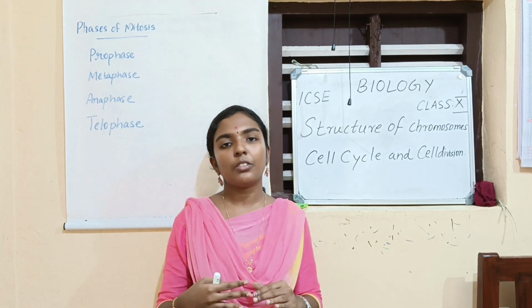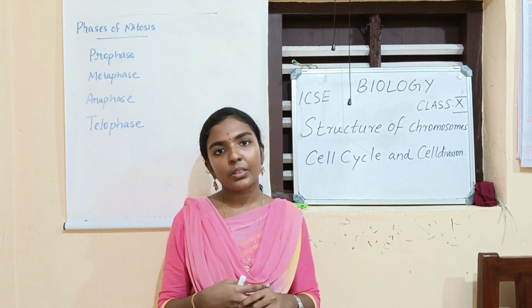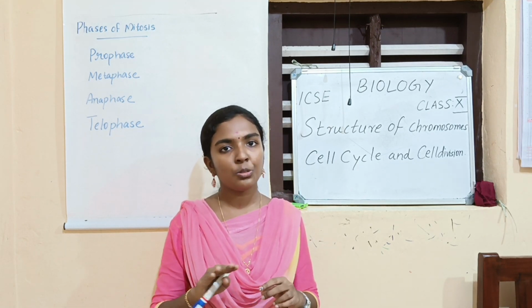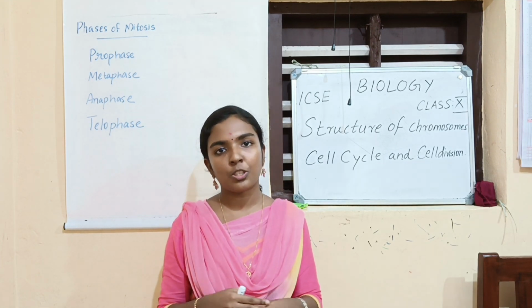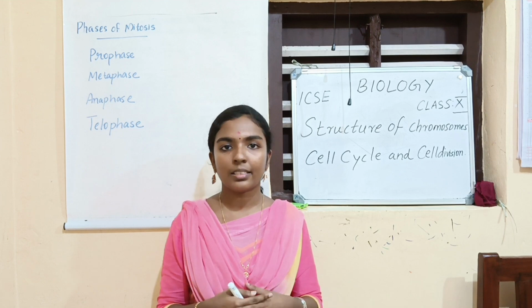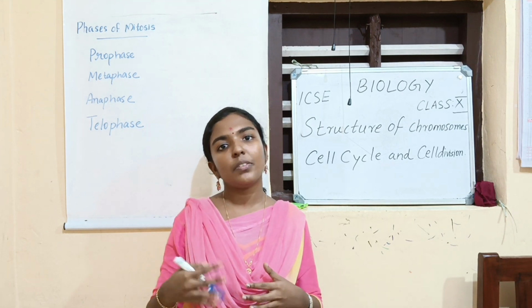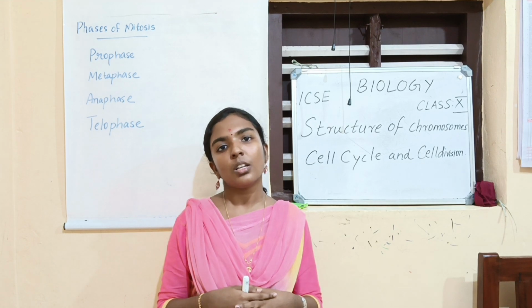After interphase comes the division phase. The division phase occurs in two types, okay. Division of nucleus and division of cytoplasm. Division of nucleus is known as karyokinesis, and division of cytoplasm is known as cytokinesis.